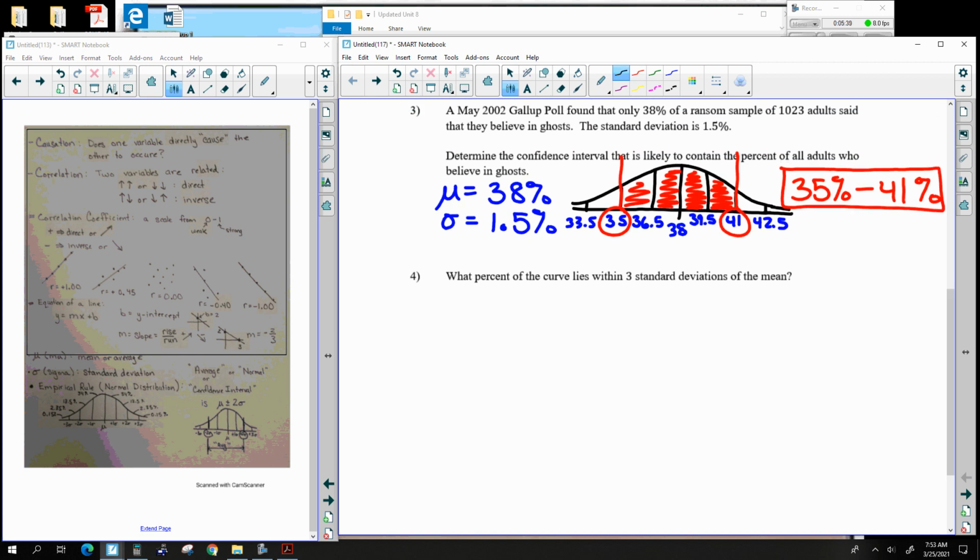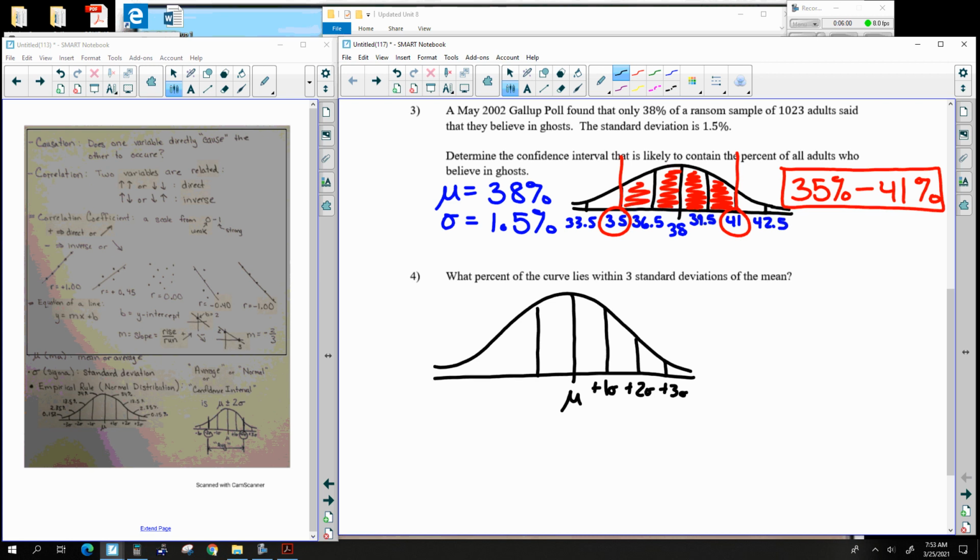What percent lies within 3 standard deviations of the mean? Again, this is the same idea of this curve. The average is right in the middle, and then we go up standard deviations: 1 standard deviation, 2 standard deviations, 3 standard deviations. And we go down standard deviations as well: 1 down, 2 down, 3 down from the average.